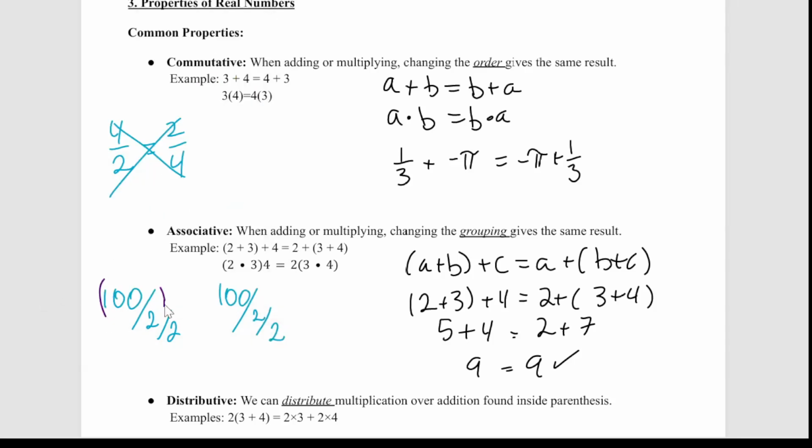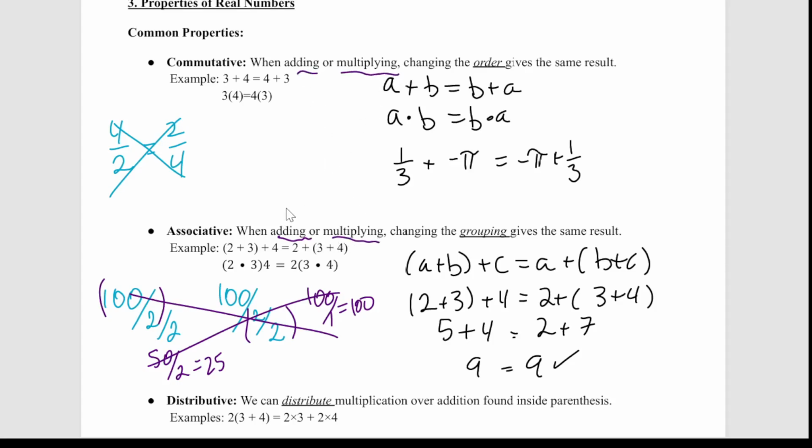So that would be something like this. 100 divided by 2 is 50, divided by another 2 would give you 25. Which would be one answer versus 100 divided by, in parentheses, 2 divided by 2, which is 1. That would be 100. So we just proved to ourselves division is not associative. So this only works for addition and multiplication.